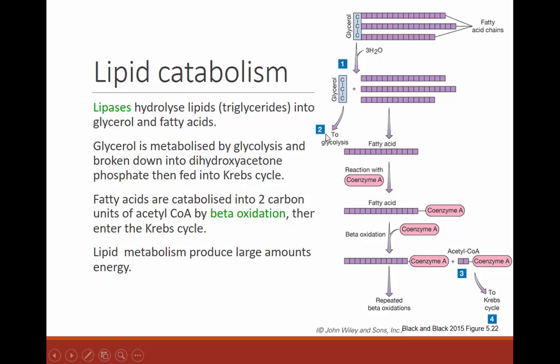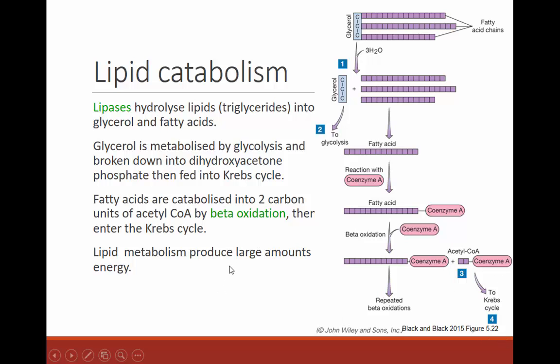Then this glycerol goes to glycolysis, and the fatty acids react with coenzyme A, and basically, with repeated oxidations, they will go into the Krebs cycle, okay? So the smaller bits go into the Krebs cycle. So you have that energy.